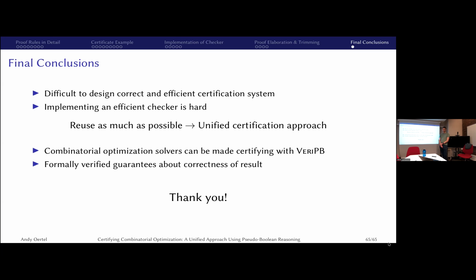Then we figured out that this reverse unit propagation thing they do for clauses, we can actually express in general for 0-1 integer linear inequalities. And then suddenly, okay, yes, now I agree. It's still a lot of work to write my proofs, but at least now it's doable. Before it was just too complicated.